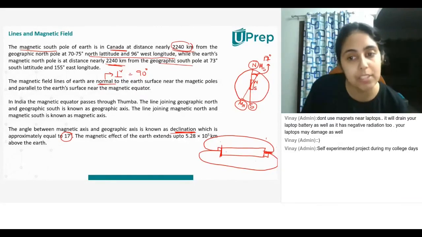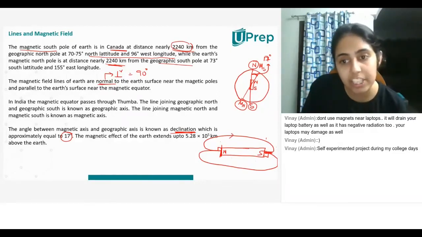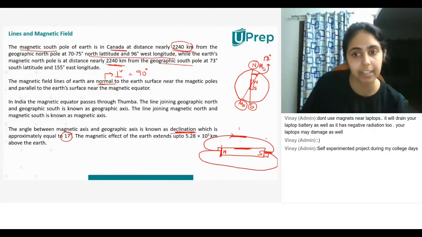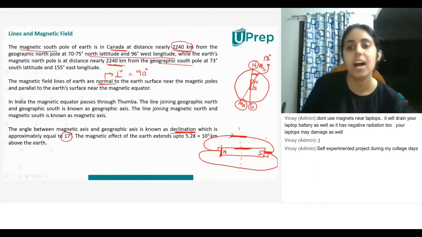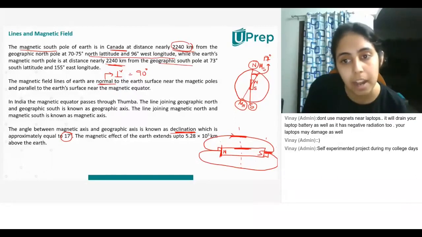So at the north and south poles, the angle is 90 degrees, right? Now, what about in this region? If this is my surface and this is the magnetic field line, this is the equatorial line, correct? So at the equator, how is the magnetic field line to the surface of the magnet?